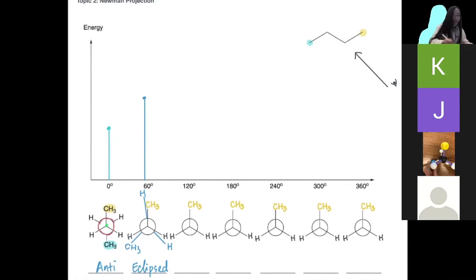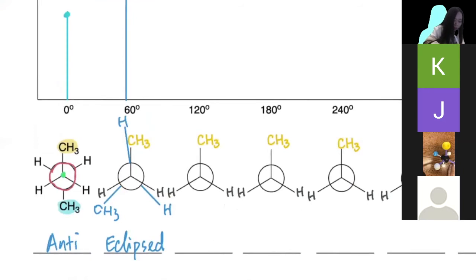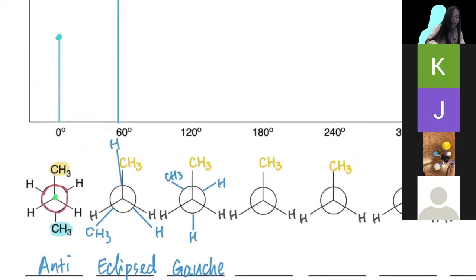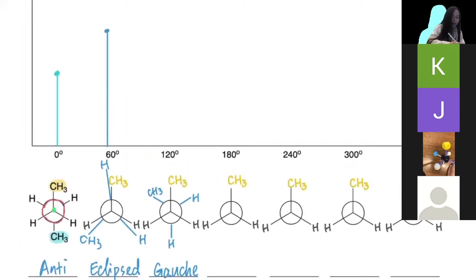So if we keep moving, that's 120, right? So what do you see here? My CH3 is here, my hydrogen is here, my hydrogen is here, right? So we give this one a name: gauche. In the gauche configuration, it's better than the one that we've seen before, eclipse, but it's not as good as the anti.